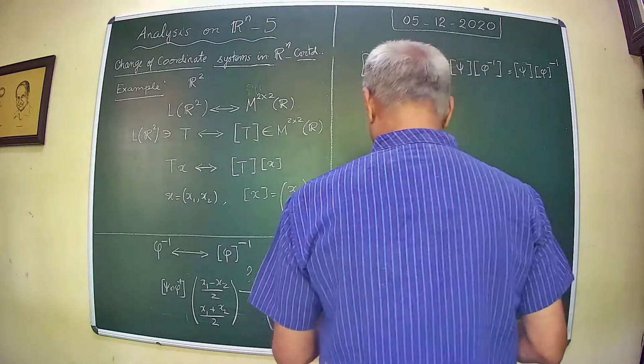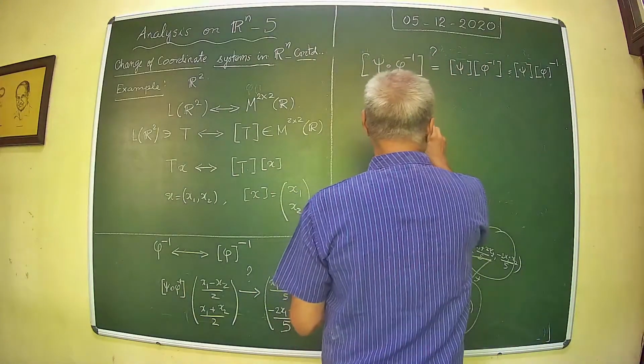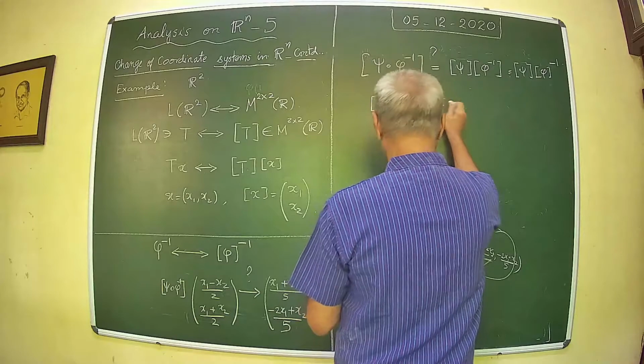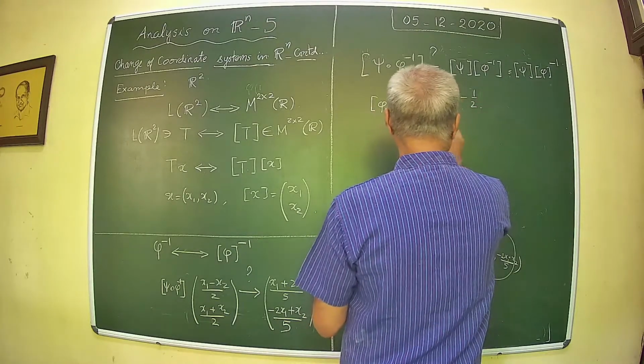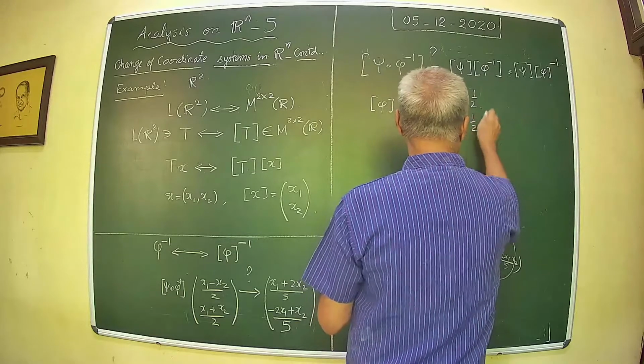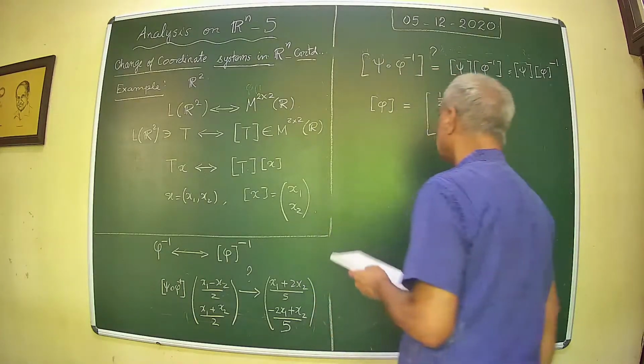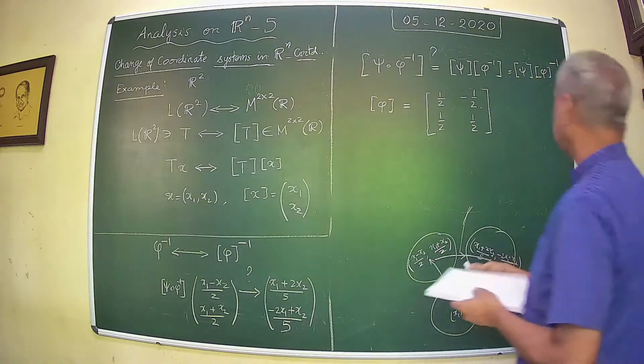It is equal to 1 by 2, minus 1 by 2, 1 by 2, 1 by 2. This is it. Now you verify that.